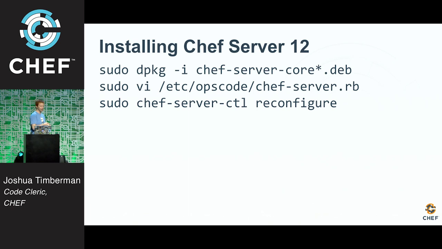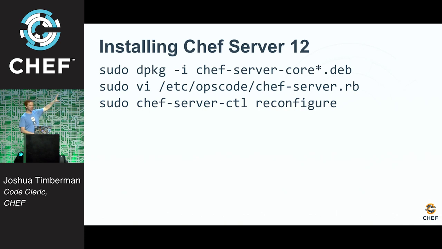Then you edit the chef-server.rb file, and then you run chef-server-ctl reconfigure. Right? So if you're running Chef 11 or Enterprise Chef, you've done these. Maybe some words are different than what I have on the slide based on the differences in those products.